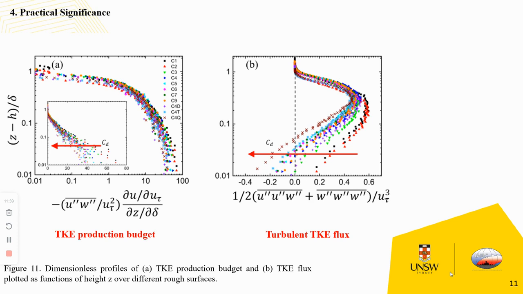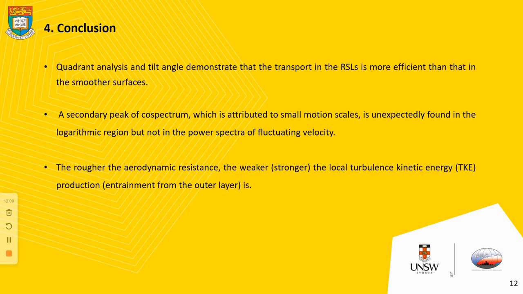With the drag coefficient increasing, the TKE production decreases, and the entrainment increases, so the rougher the surface, the lower the production, but the higher the entrainment.